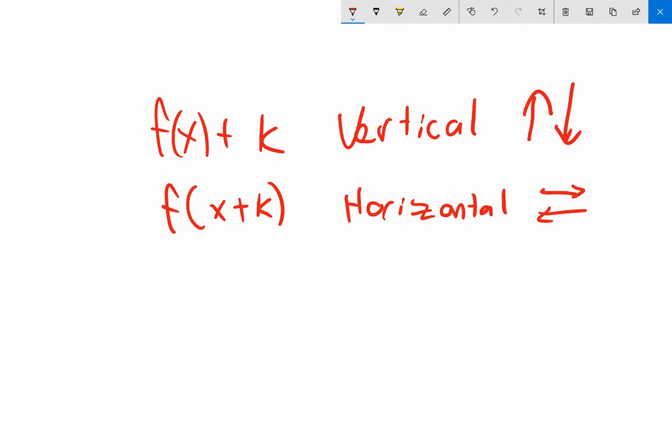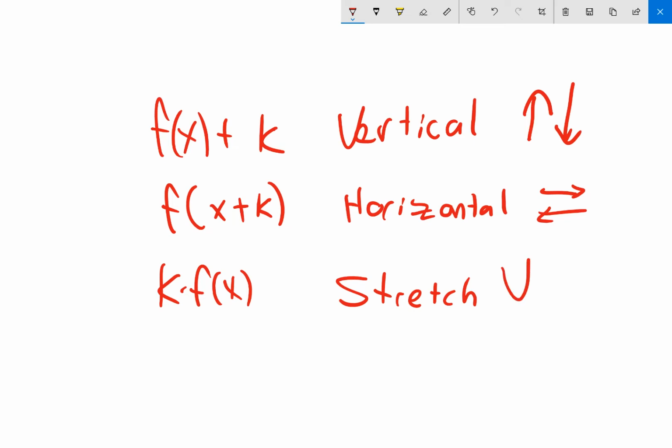Then we had k times f of x, where multiplying a number to your function would stretch it or squish it, but we'll just say stretch. It could make it really skinny or really wide. It wouldn't move it. It would still have the same center point, but it would make it either really skinny or really wide, depending on the number you're multiplying by.